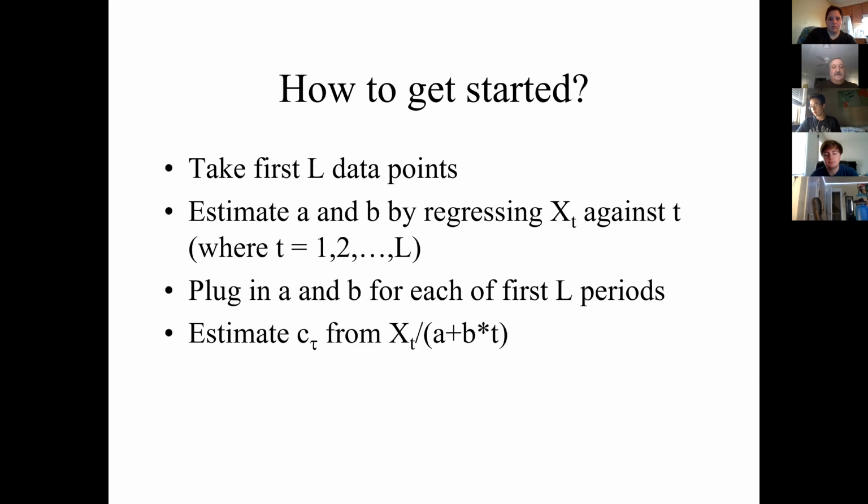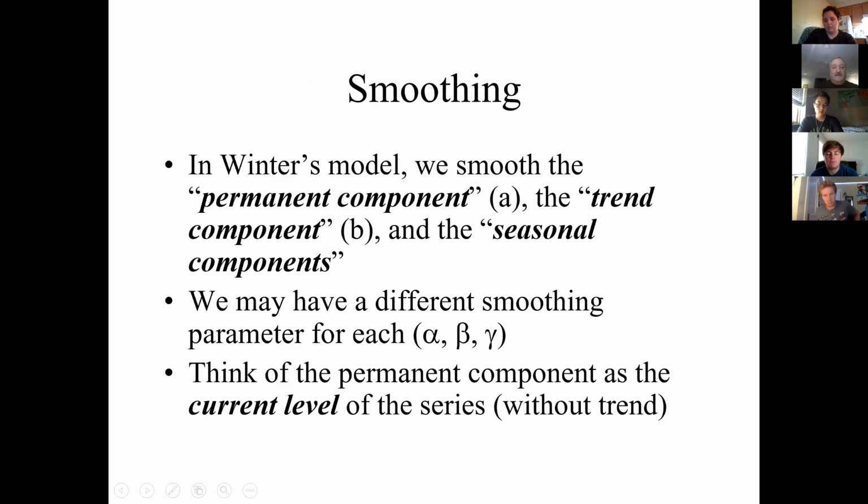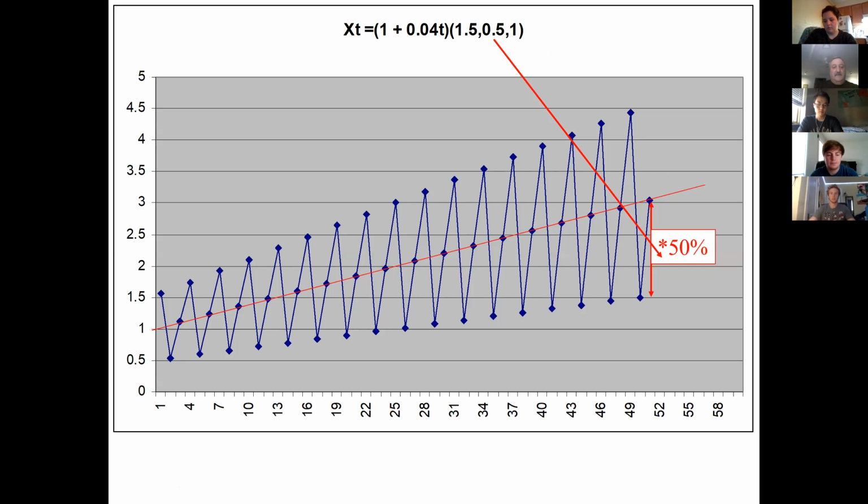All right, so then you can use those, the a and b, as your forecast for your trend line for the first 12 periods. And then by taking the actual divided by the trend line, you can get an estimate of the seasonal adjustment factor for that month.